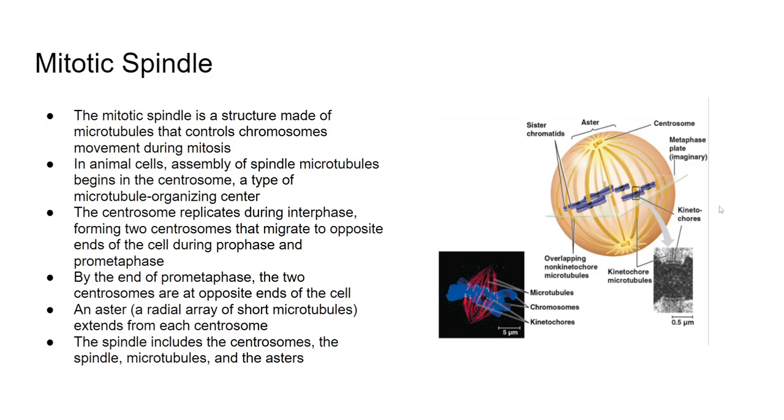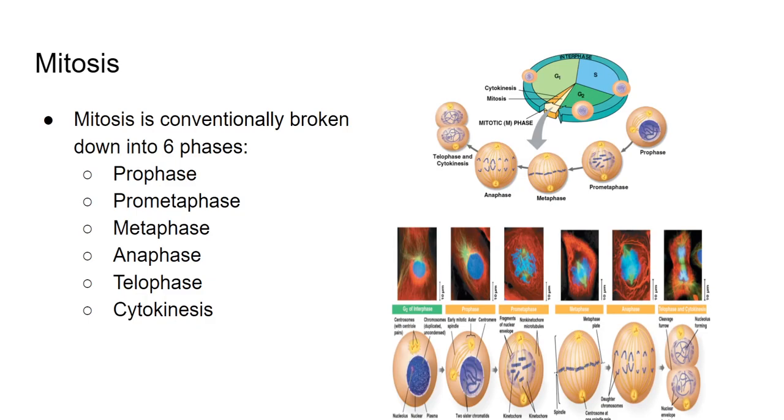The centrosome replicates during interphase, forming two centrosomes that migrate to opposite ends of the cell during prophase and prometaphase. So if we look at this last slide here, we have two sets of centrosomes. We have one here, and then we have another. In the G1 phase, which is where this cell is going to be after it goes through mitosis, we only have one centrosome.